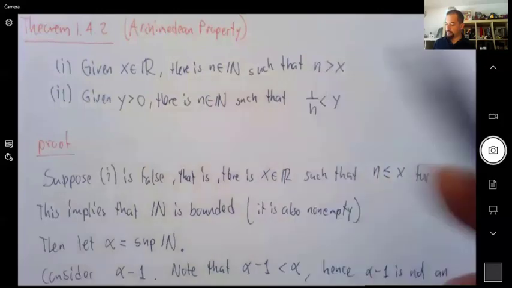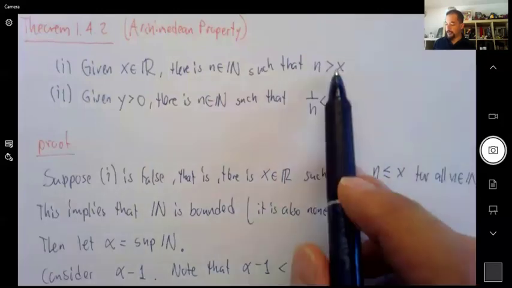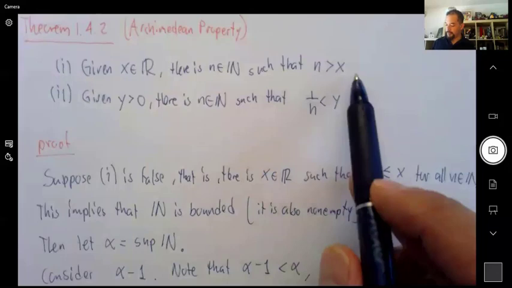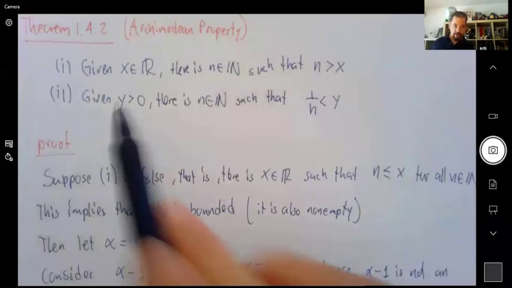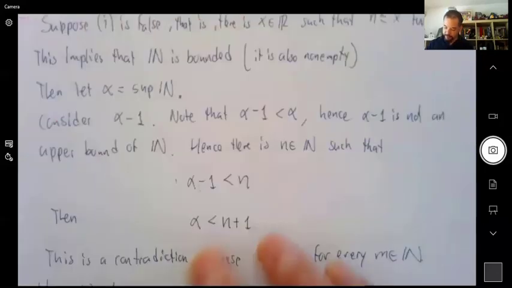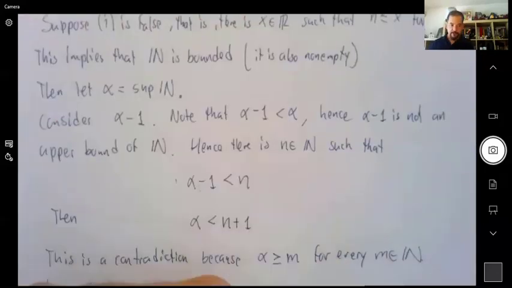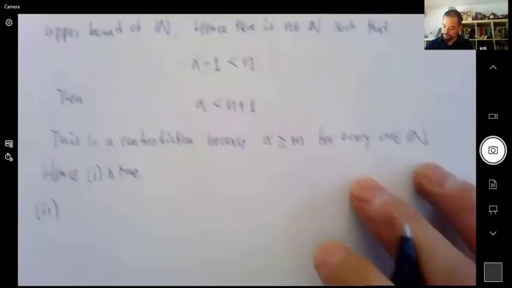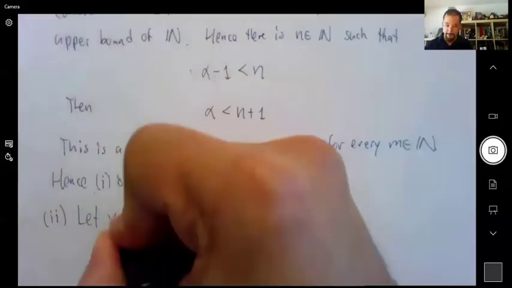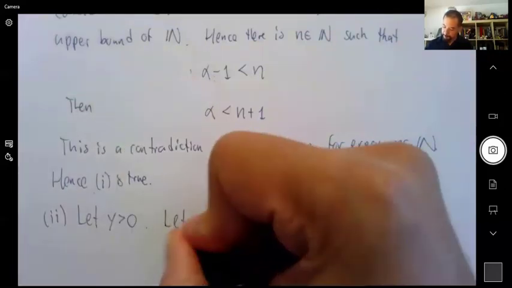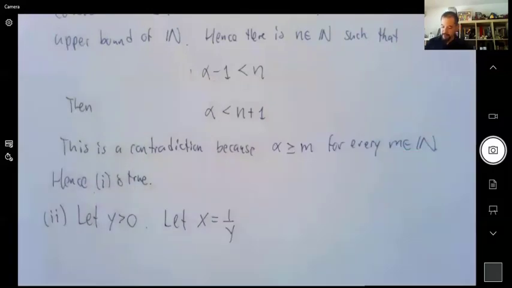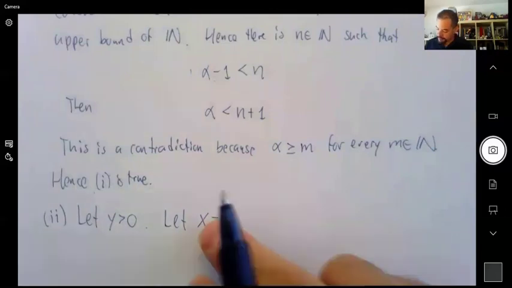And then for the second part, if you can find a natural number as big, you can get the second one by simply dividing by n both sides, right? Let's give a little bit of detail here. For the second part, you pick a positive real number y, and consider 1 over y. I can do it because y is positive. Then I can use property 1 with this x.